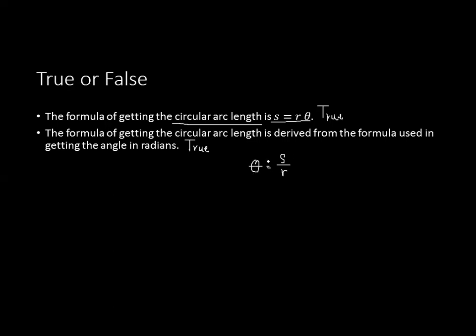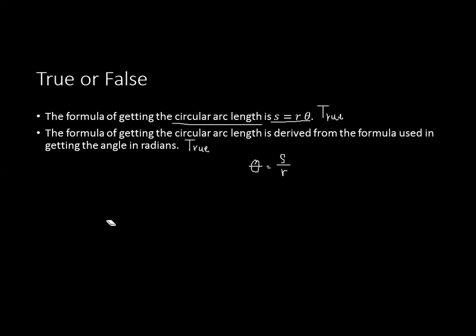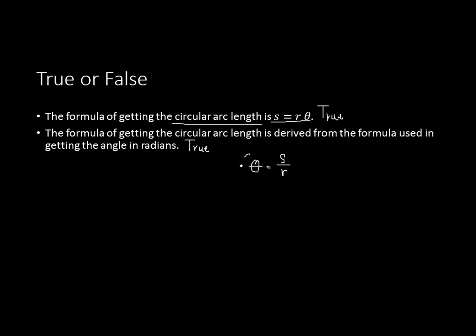All right? So we can derive this equation in terms of finding your S. All right? So we can have some algebraic transformation. We can just simply multiply both sides of the equation by R. So we will have R theta is equal to S. Since multiplying R in this side will cancel the R's, we will have S. Then we can simply just switch their positions.